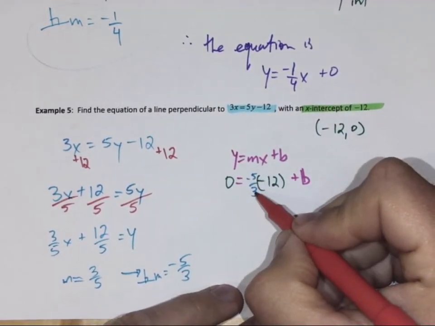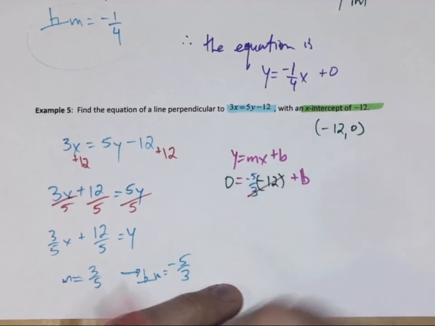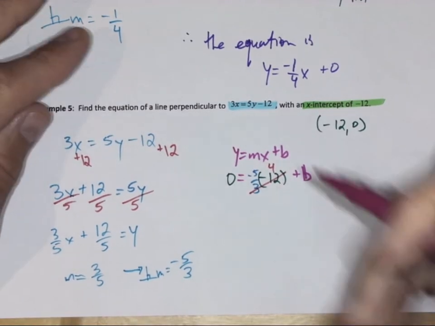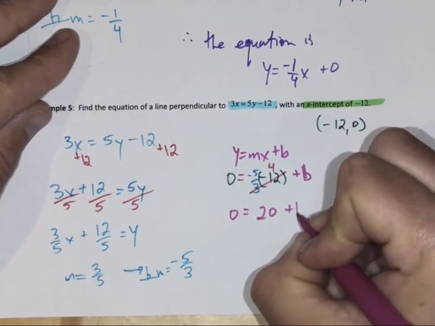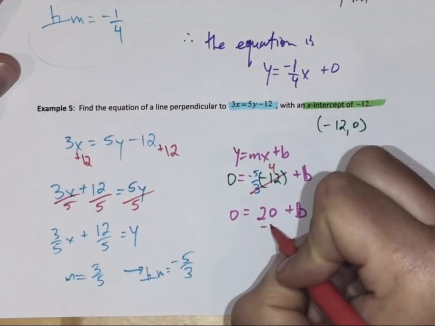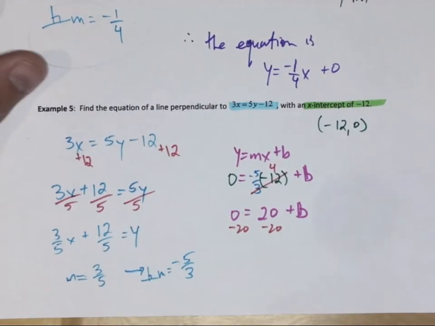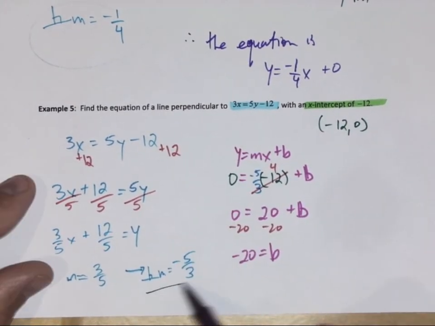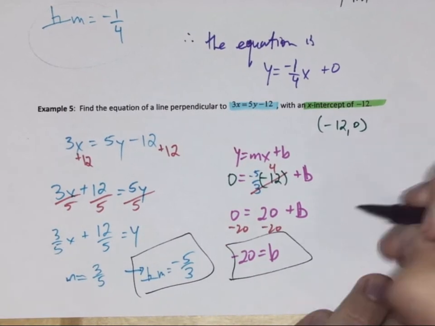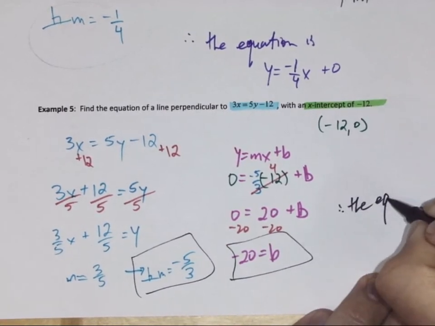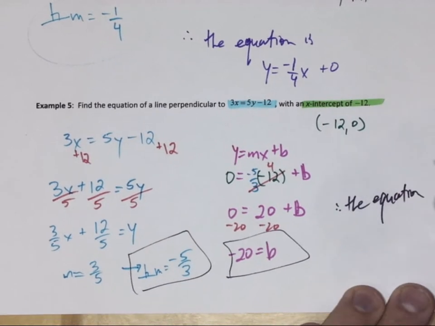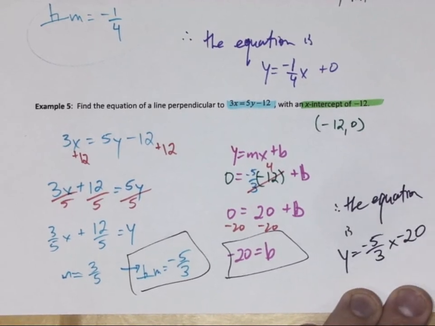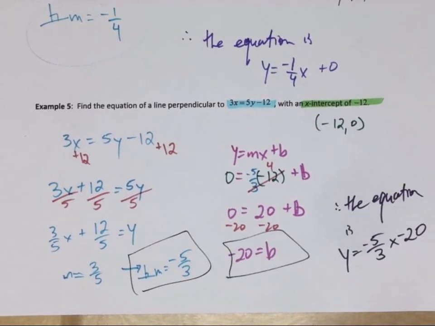Negative 5/3 times negative 12 is the same as negative 12 divided by 3, which is negative 4, times negative 5 is positive 20. Now we have a slope, we have a y-intercept. Done. Boom. Bring it all back.